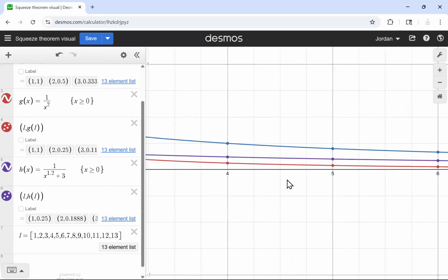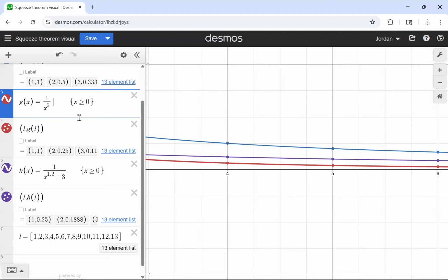And therefore, since it's always going to be in between from 3 and beyond, if I know that the top sequence has limit 0 and the bottom sequence has limit 0, then the in-between sequence is going to also have limit 0.